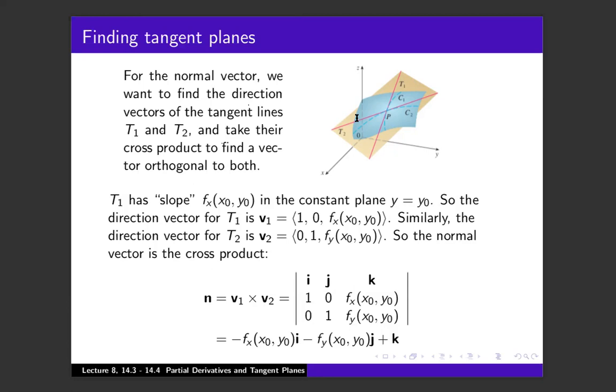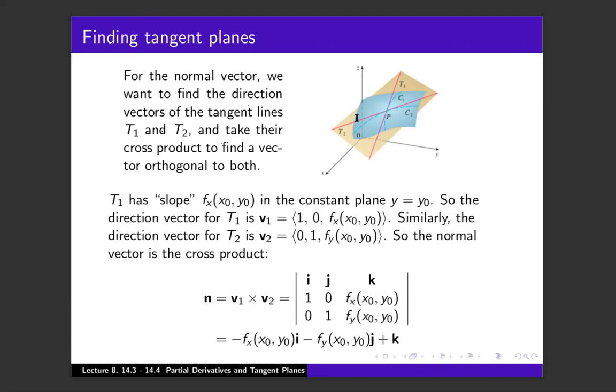Let's say that T1 is the line that you get when fixing y and varying x. So T1 has slope fx of x naught, y naught. Now, in this case, y isn't changing, and since y isn't changing, the y coefficient is 0 for that vector.